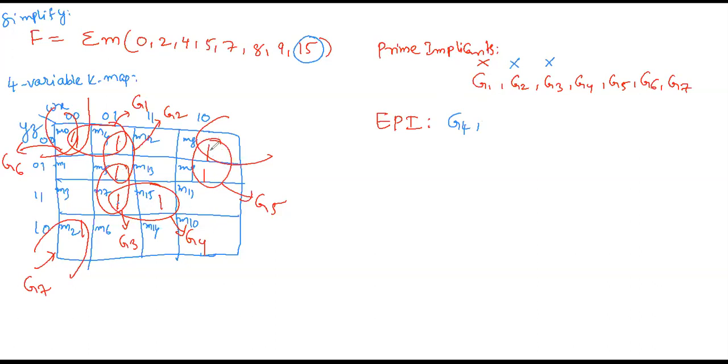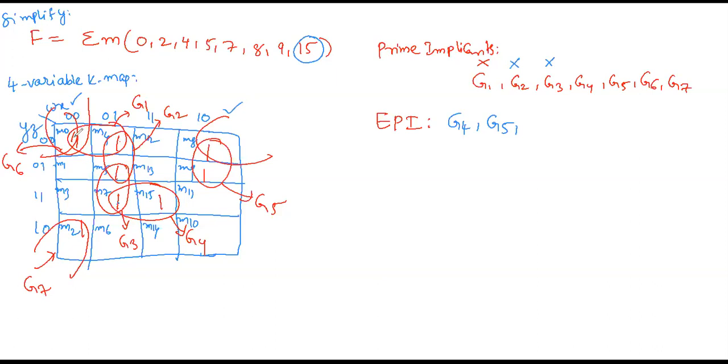Next, G5. In G5, M8 is part of G6. But M9 is alone. It is not part of any group. So G5 is essential. G6. In G6, we have one minterm here, another minterm here.